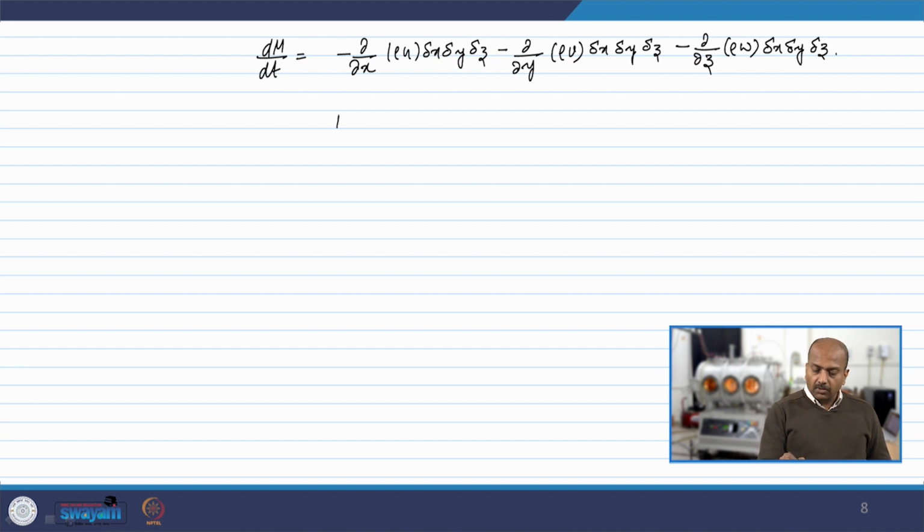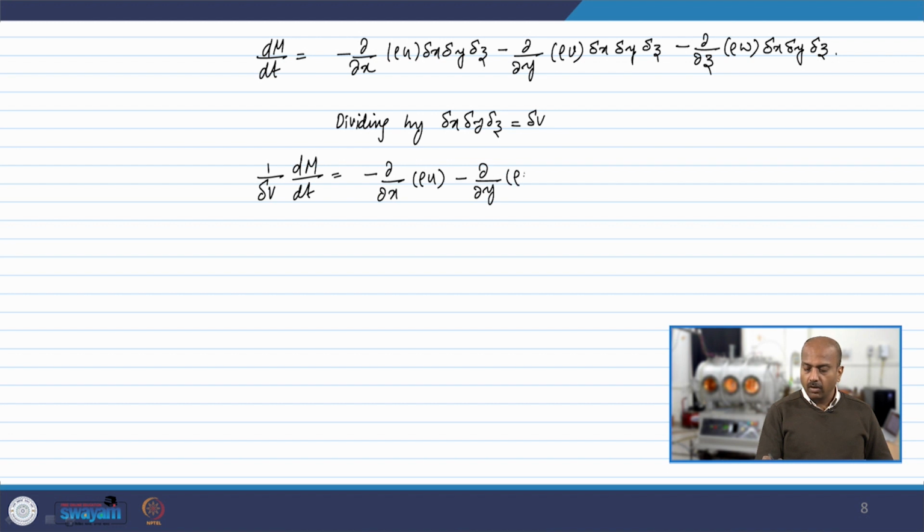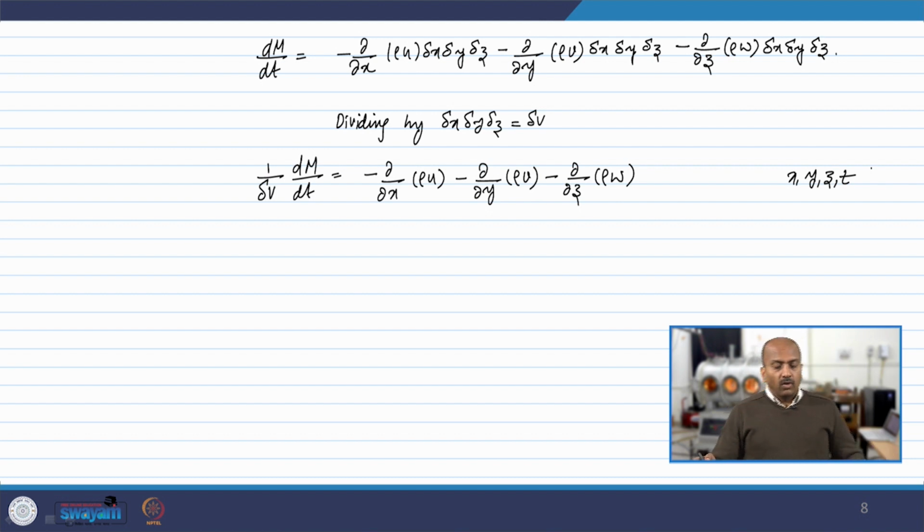We can divide this expression by Δx Δy Δz, which is ΔV, which will become 1 by ΔV dm by dt is equals to minus ∂/∂x of ρu minus ∂/∂y of ρv minus ∂/∂z of ρw. Since the independent variables here are x, y, z and t, we are evaluating the rate of change of mass with respect to only time.